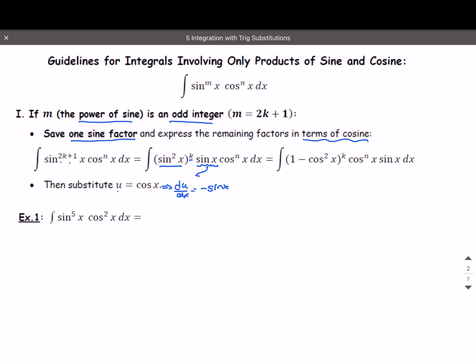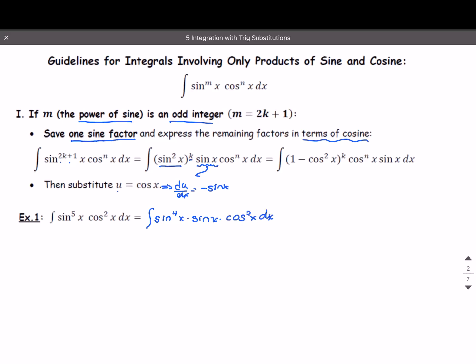Okay, so we have an example here. The integral of sine to the 5th x times cosine squared x. So according to our rule, we should take one of the sines away. So we're going to have sine to the 4th x times sine x times we still have a cosine squared x dx.